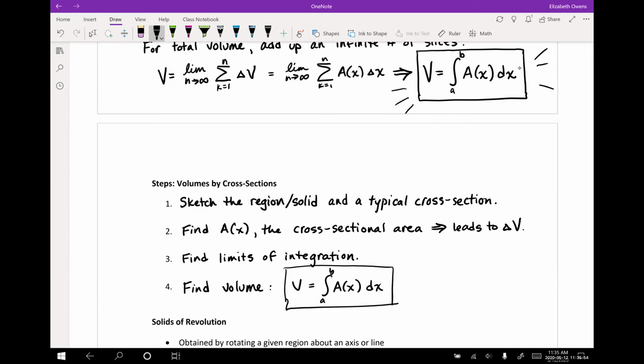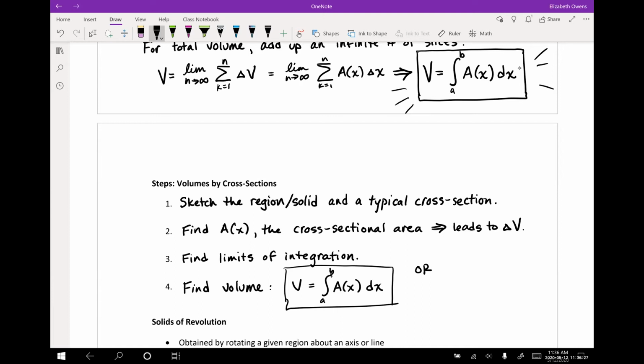All right. Now, for right now, notice how I am writing everything in terms of X. You can also do these in terms of Y. For those of you who watched the 5.6 videos on the areas between curves, if you got deep enough into those videos, you saw that we could do areas with respect to X, so integrating dx, or that we could do it with respect to Y and integrate things dy.